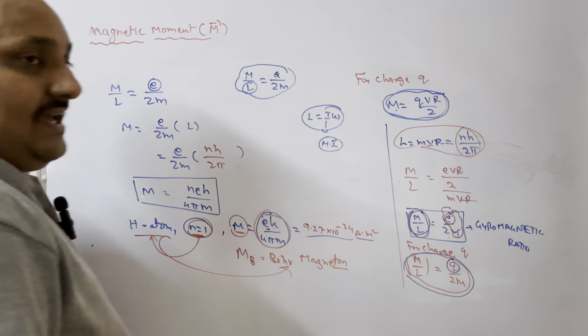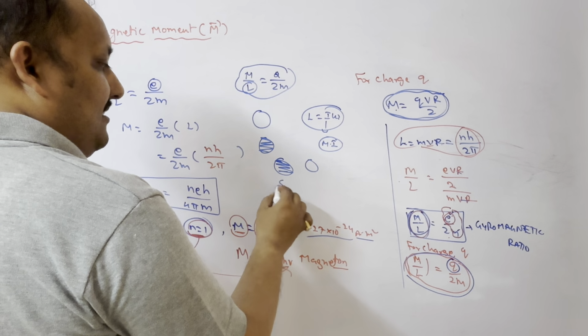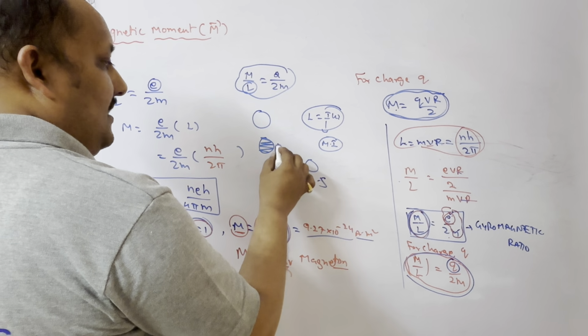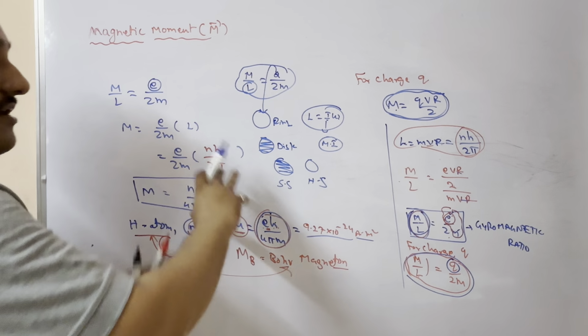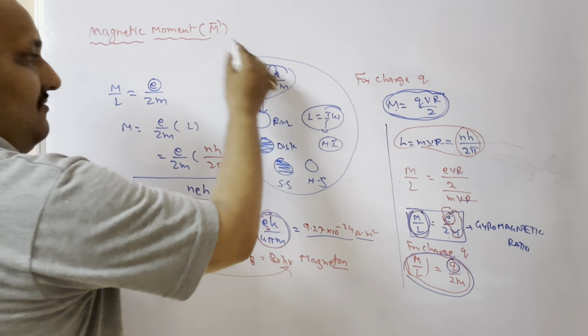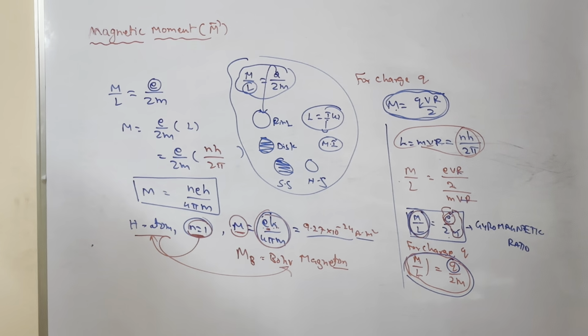The moment of inertia may be of a ring, disc, solid sphere or hollow sphere, so the charge may be on any one of them. How they are going to ask questions, we will see when we do problems.